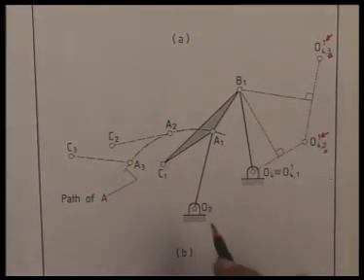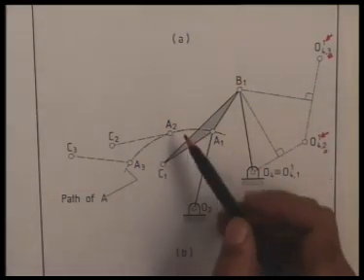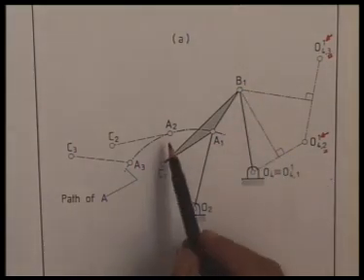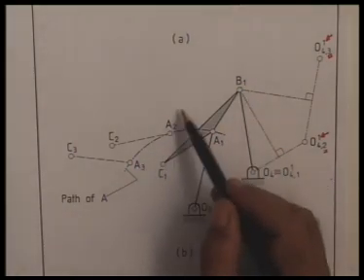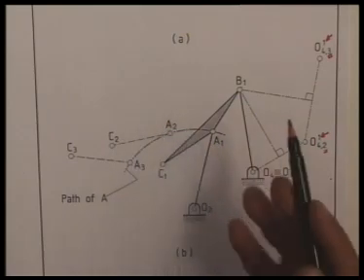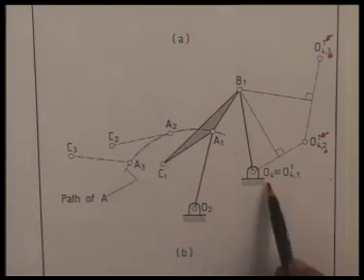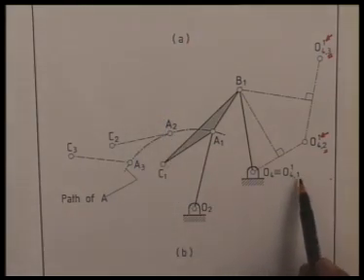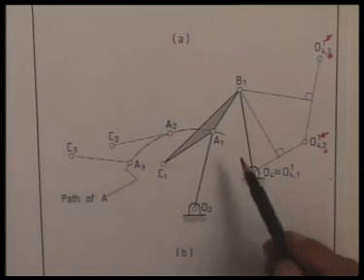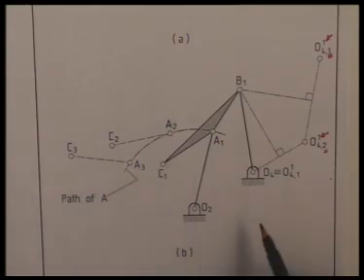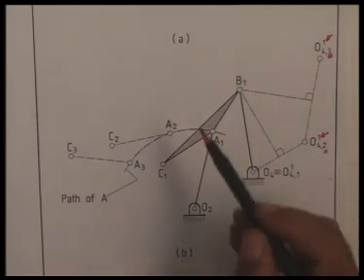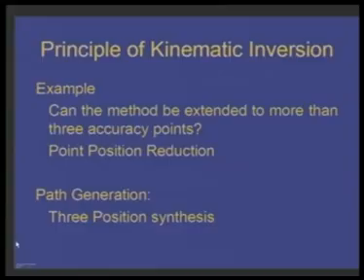That means you will locate the point B2 rather than B1. You say that the coupler does not move from A2, B2, C2, and you invert the first position on the second and the third position on the second, when O4 will be O4,2,2, and the other two positions will be called O4,1,2 and O4,3,2, and the center of the circle passing through these three inverted positions will locate B2.